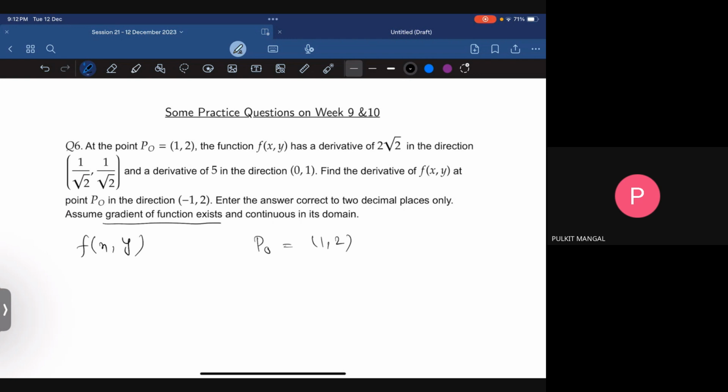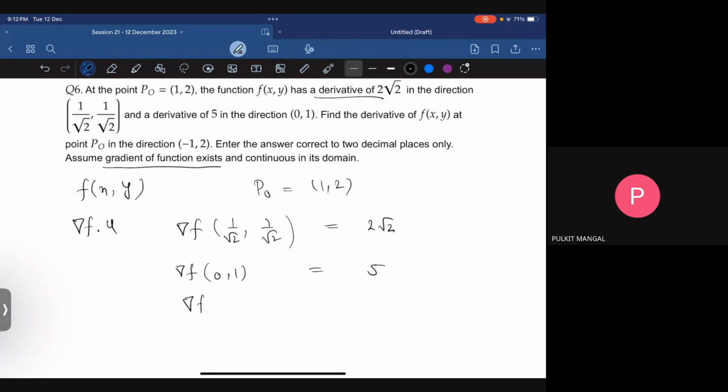So the derivatives given, we can find using the gradient of f times the unit vector. With respect to 1 by root 2 and 1 by root 2, my derivative is 2 by root 2. With respect to 0 comma 1, my derivative is 5. Then I need to find my derivative in the direction negative 1 comma 2.